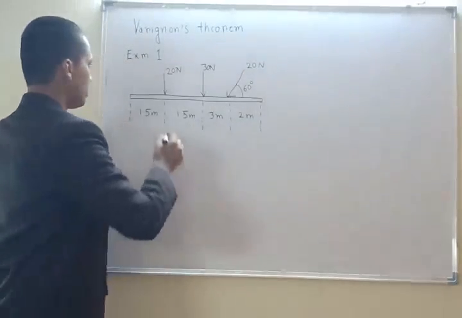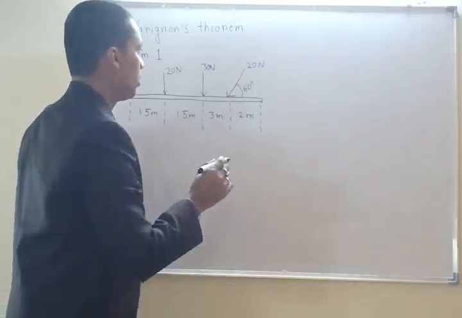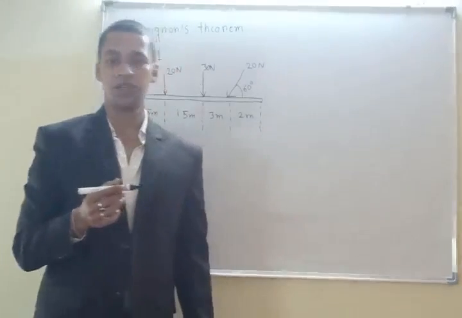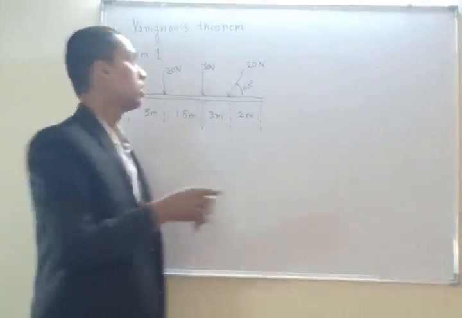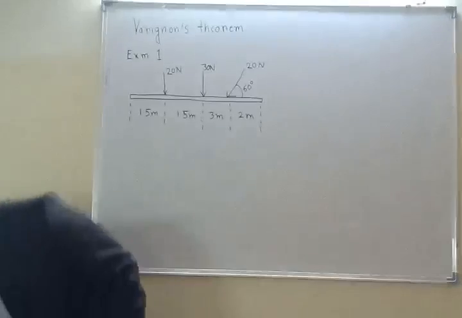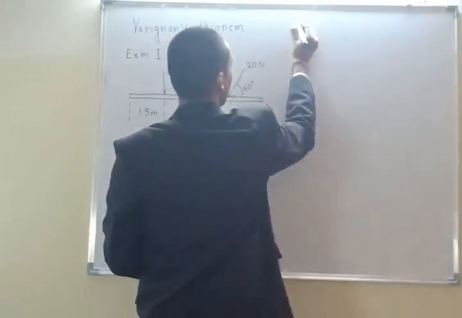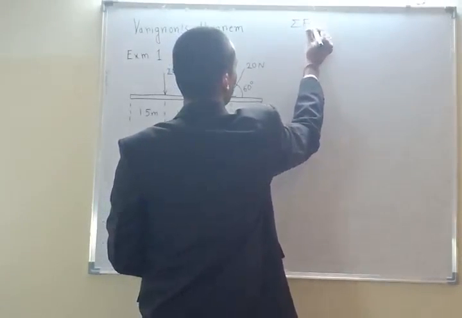So see, first we need to calculate the resultant R. We know how to calculate R. First is the summation of horizontal forces.